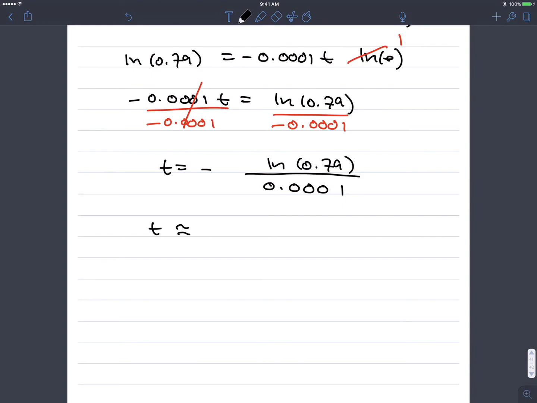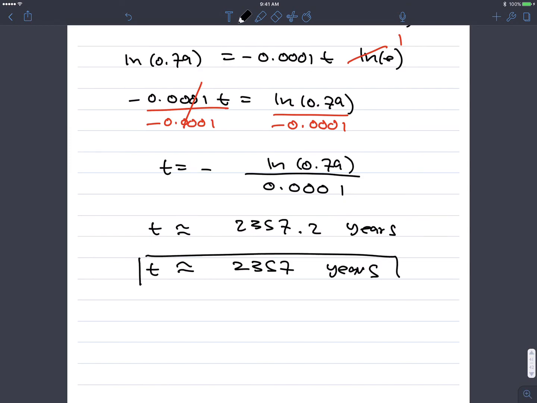So t is going to be approximately, if we punch this in, natural log 0.79 divided by 0.0001, and it's negative, 2,357.2 years. Approximate this to the whole number, 2,357 years.